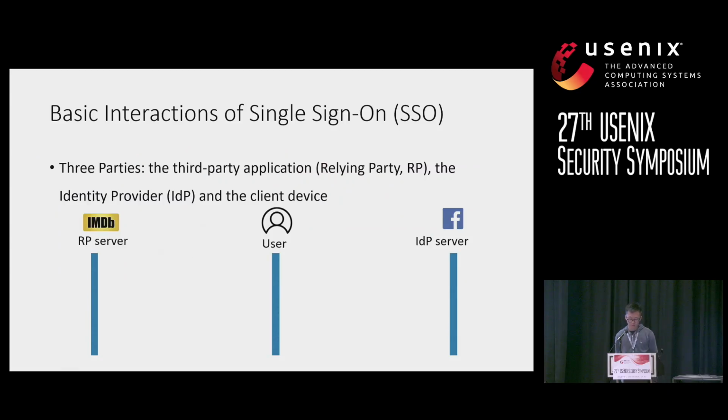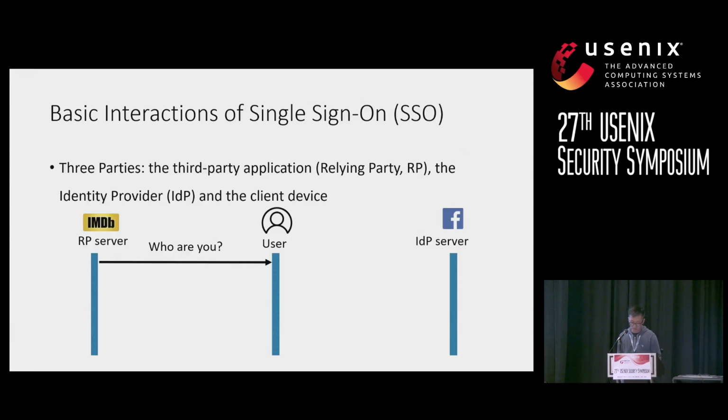Let's see how single sign-on works. Basically, it involves three parties: the third-party application, which is also called the relying party, the identity provider, and the client device. When a user tries to log in to an RP server, the RP server asks, "Who are you?"